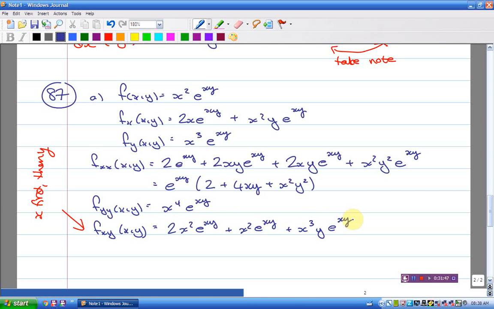Let me just do that again, make sure I didn't make any mistakes. X derivative, and we want to differentiate with respect to y, so I'm bringing an x down to x squared, and then x squared, and yes, I'm confident that that is correct. I could take out the e to the xy as a common factor. That wouldn't be too bad.